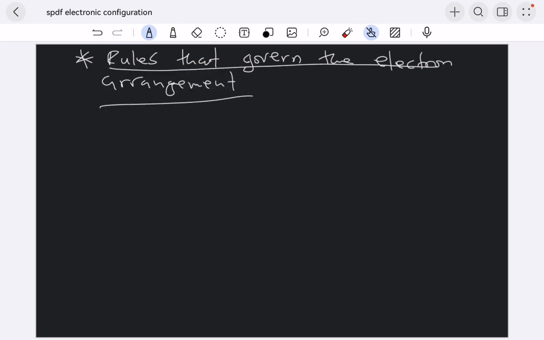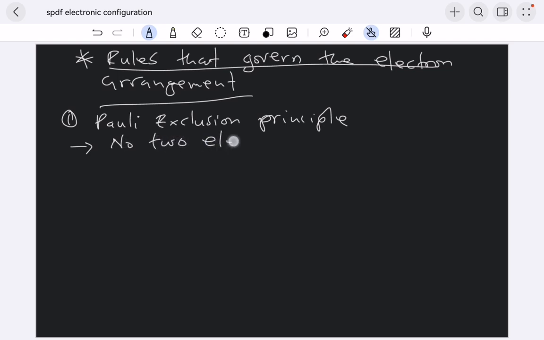There are rules that govern this, and the first rule is known as the Pauli exclusion principle. So what does this rule state? This rule states that no two electrons in an atom have the same 4 quantum numbers.